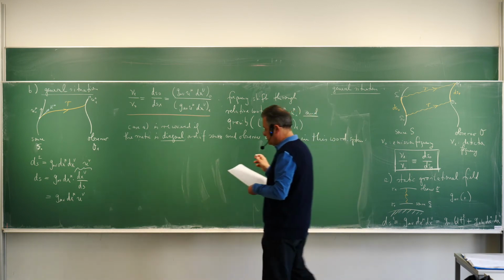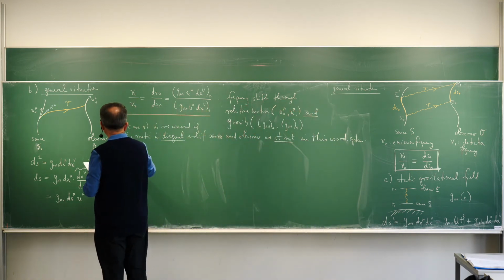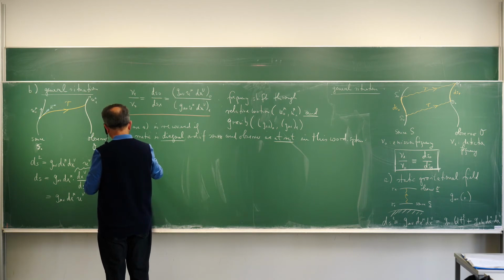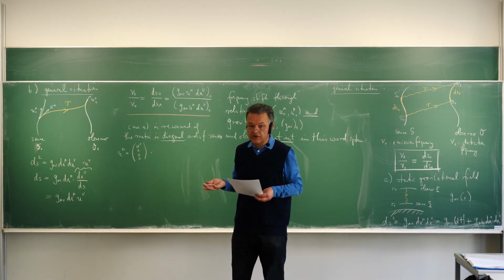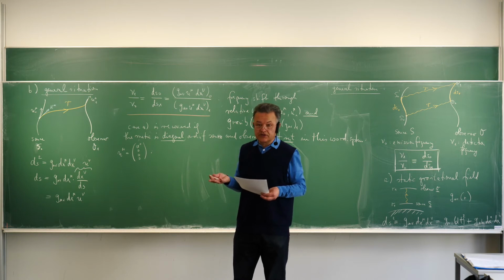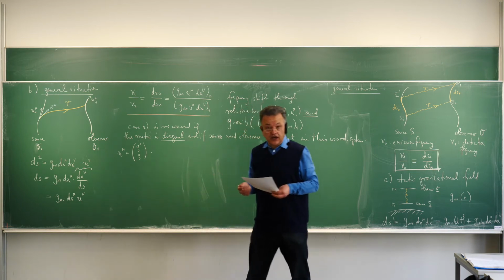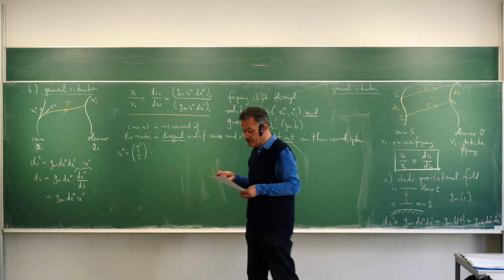And then of course we have u mu in this coordinate system as u0, 0, 0, 0. Now the u0, how can you write it? You must remember that the four velocities are normalized to 1 or to -1.